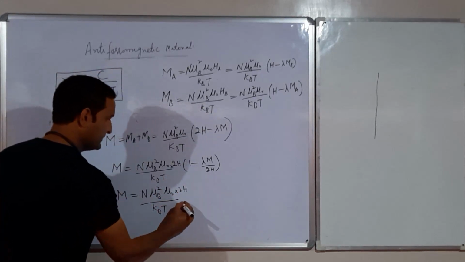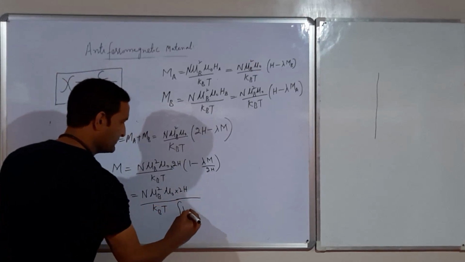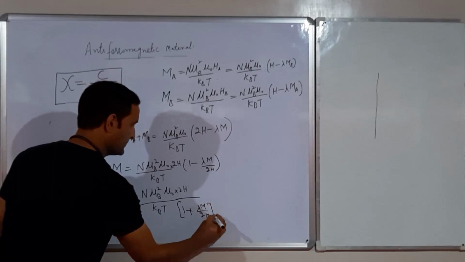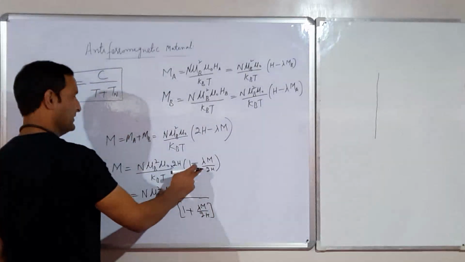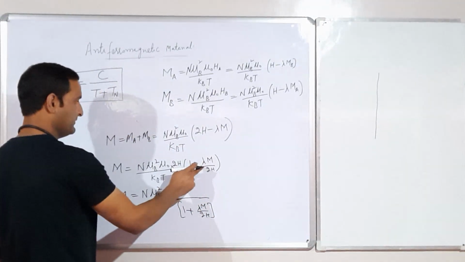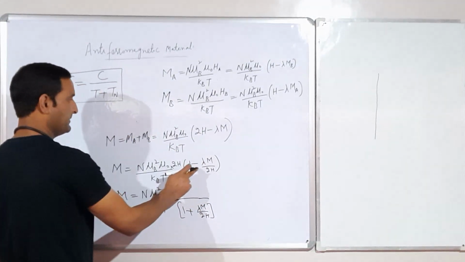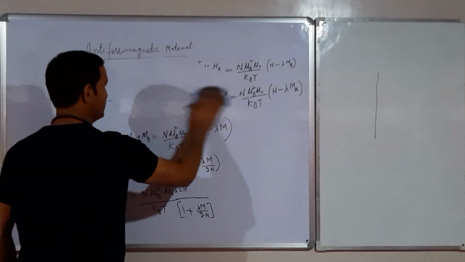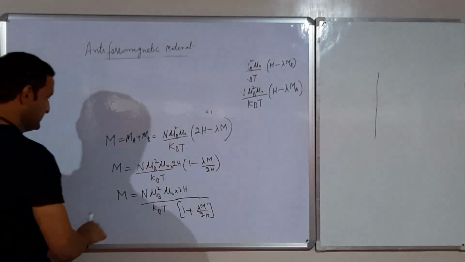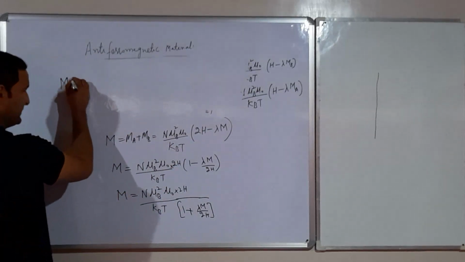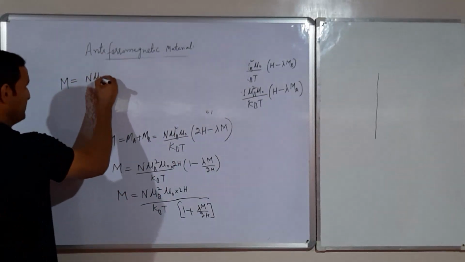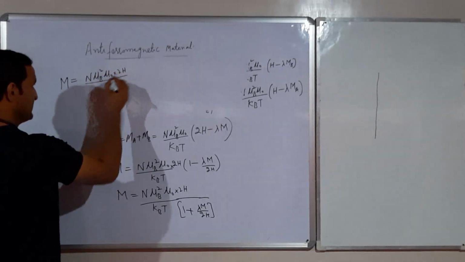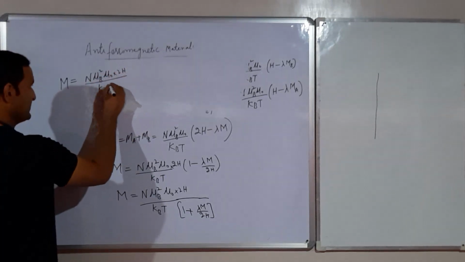Here this can be written in the denominator as 1 plus, because if we use the binomial theorem, we can get back this equation. Therefore, we can write this equation as M into N mu B square mu naught twice H upon KBT.